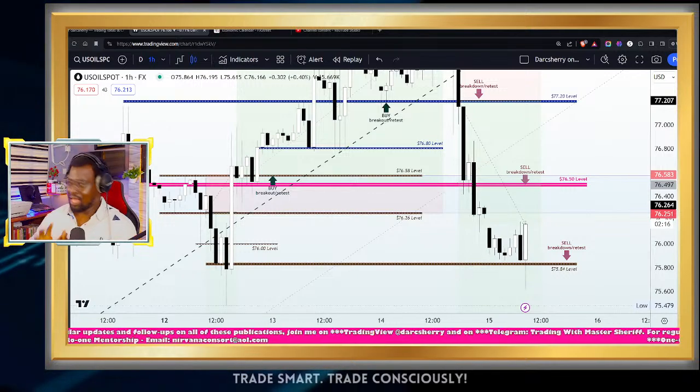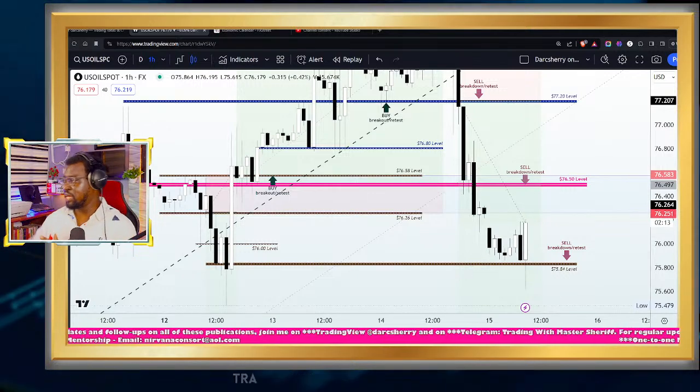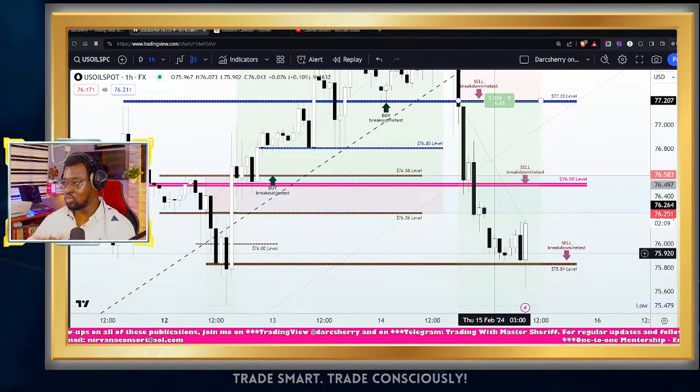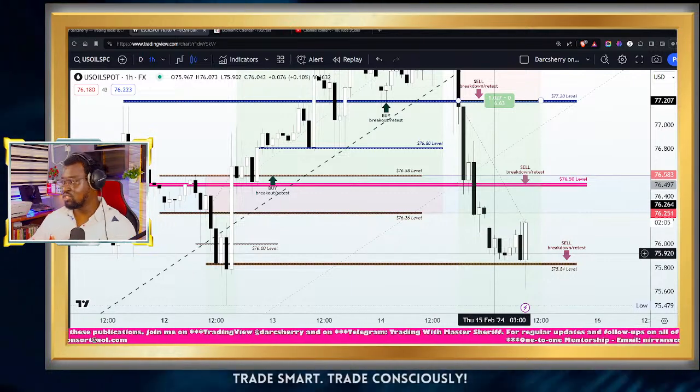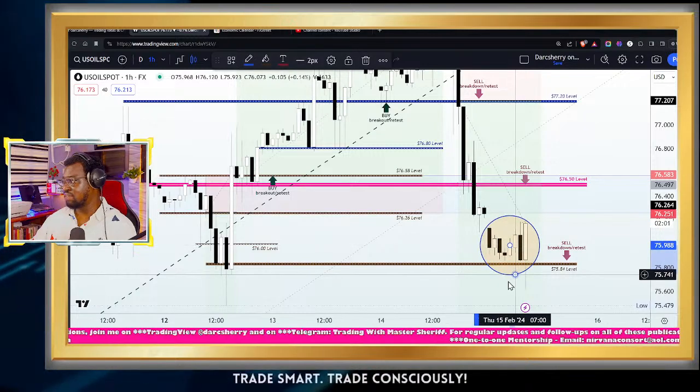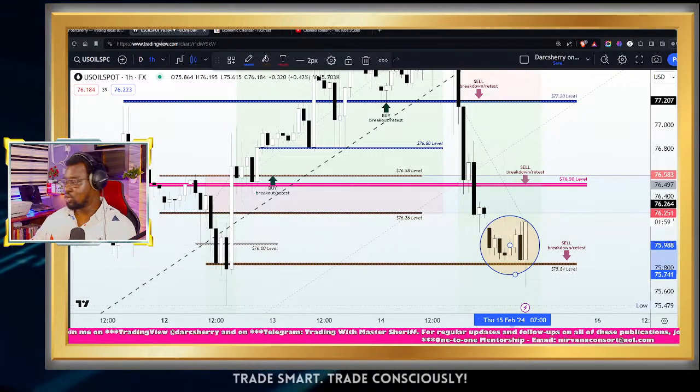So if you look at what has been going on throughout the Asian session, through to the early hours of the United Kingdom session, you will see that the market has been consolidating a little bit. Look at what has been going on around here, further emphasizing the uncertainty around this point.